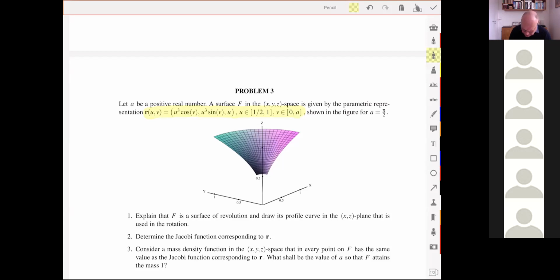In the first question, we should explain that this is a surface of revolution, and we should draw its profile curve in the xz plane, which is used in the rotation. So let's do this.